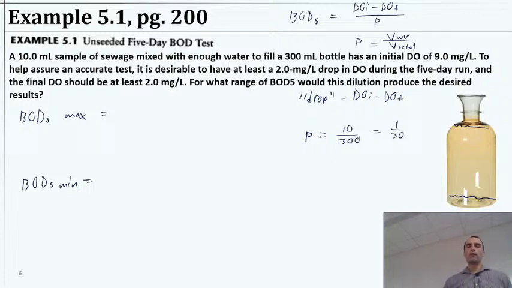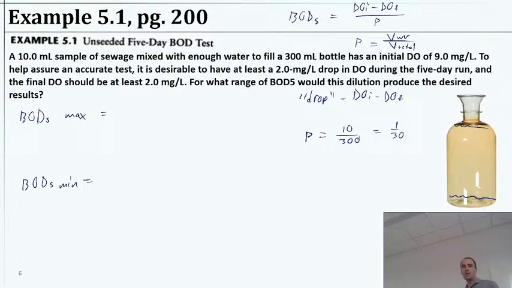But we can define the P then as 10 milliliters over the 300 total, to fill a 300 milliliter bottle. So that means the dilution factor is 1 over 30. Of course, we can get a number for that, but I think it'll be more convenient not to this time. So then the max amount is basically the max drop that we are allowed.